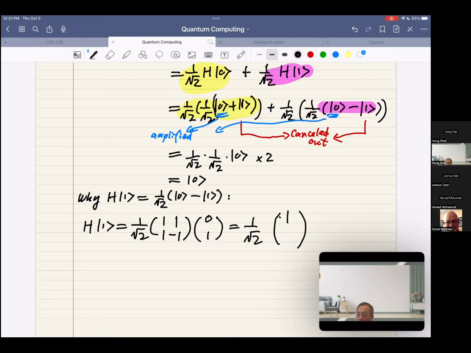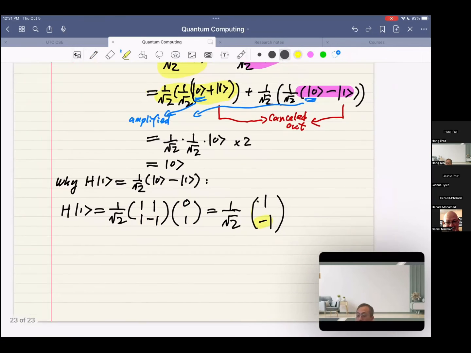The first term is 1 over square root of 2 there. And the second term: 1 plus 0 is 0, minus 1 plus 1 is minus 1, sorry. So minus 1. So we have the minus 1 there. So there you see that's where the negative sign came from. And what is this?